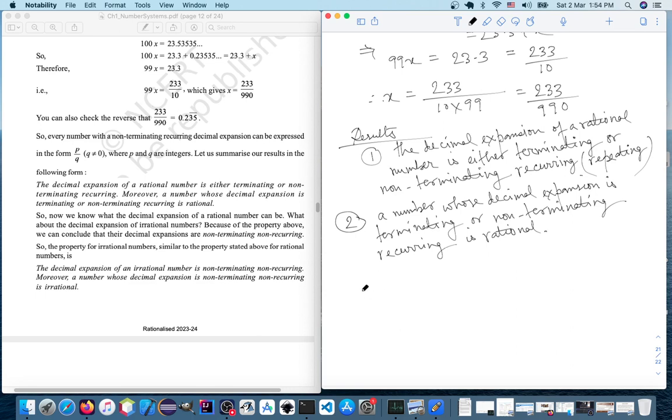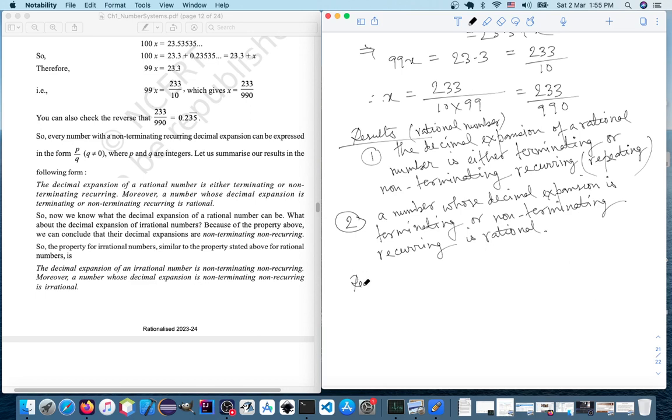Okay, now these two are results for rational numbers.